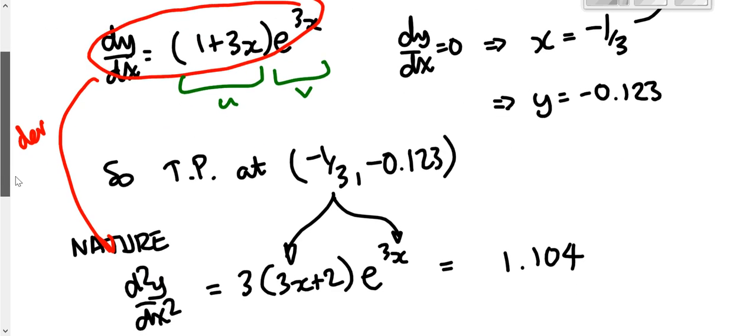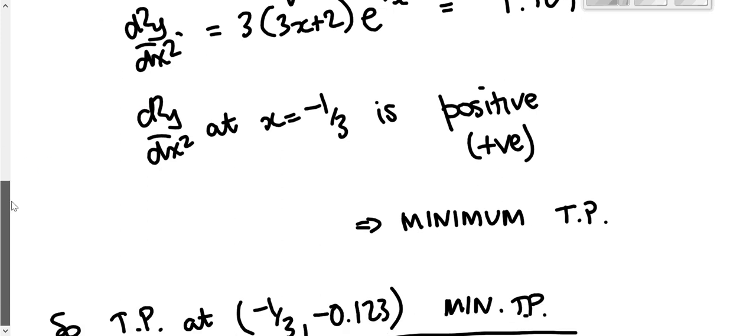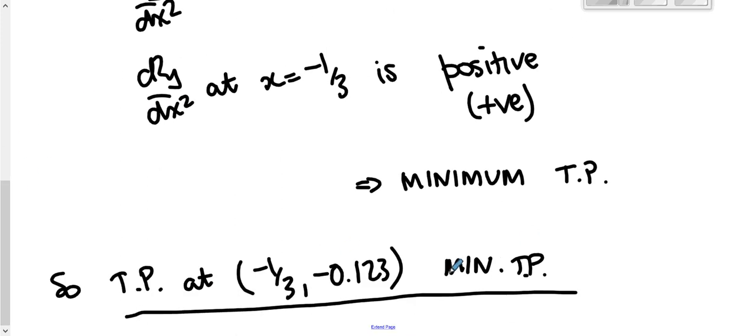We then take the derivative again to get the second derivative, d2y by dx squared. Find out what that is, substitute the minus a third in, and we get a number out, and if it's positive, it means it's a minimum turning point. If this had turned out to be negative, it would have meant a maximum turning point. And then we can summarize it at the bottom of the answer, and that's the problem done.